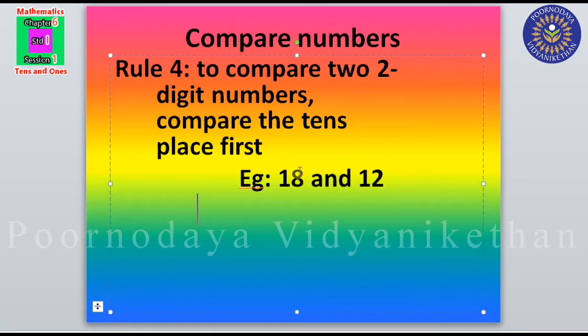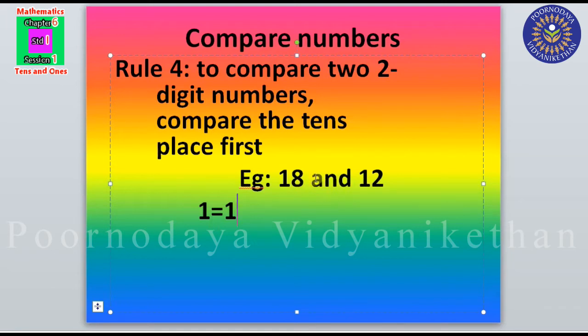The first number is 18. The tens place there is 1. Now look at the second number, 12. The tens place there is 1 also. So you see, 1 is equal to 1, so here we can't compare these two numbers.